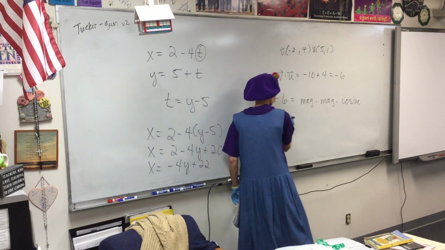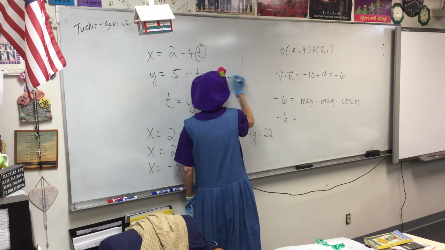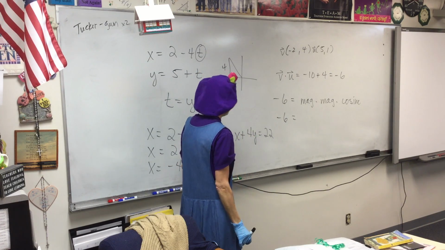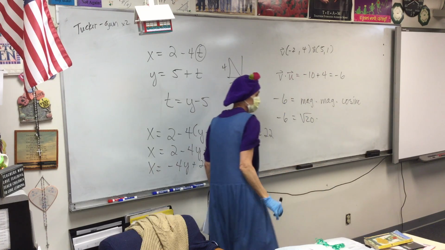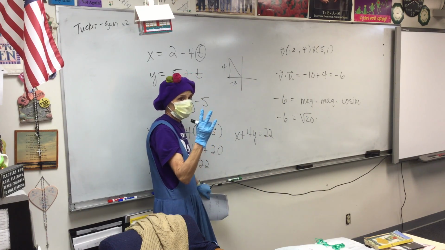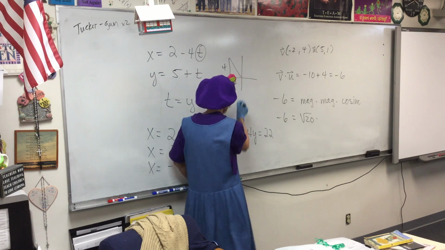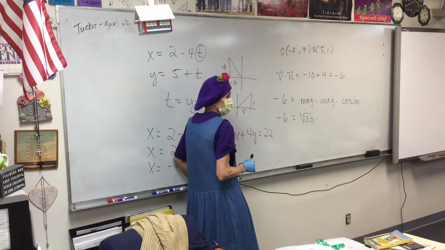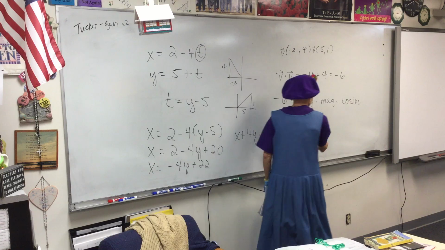So now we need to find the magnitude of the first vector. How do we find magnitude? Pythagorean theorem. So that's going to be root 20. Don't rationalize it, leave it alone. Remember, we're going to get two of them, we're going to put them together. How do I find the magnitude of the second vector? Pythagorean theorem, root 26.